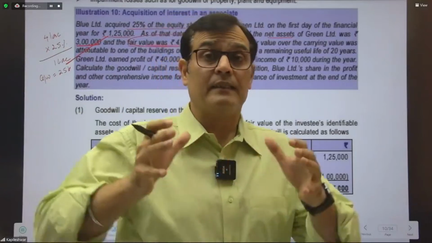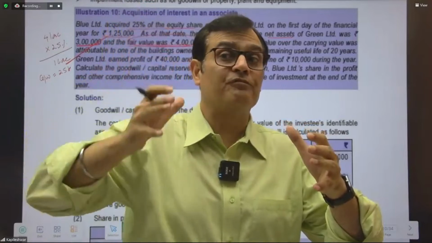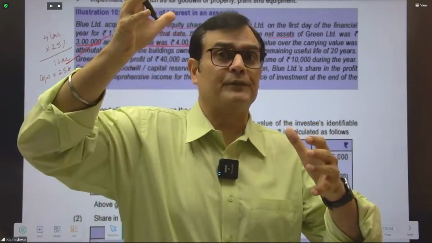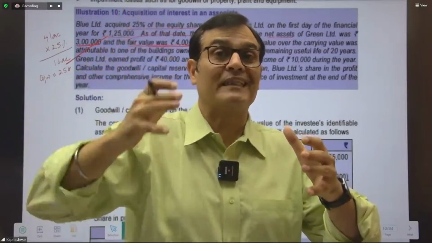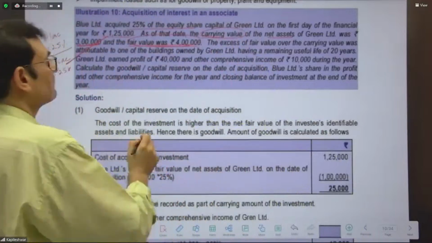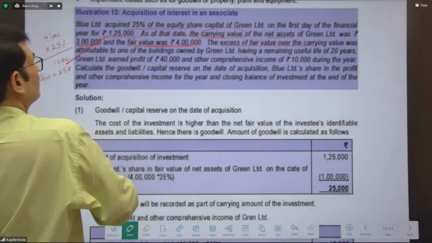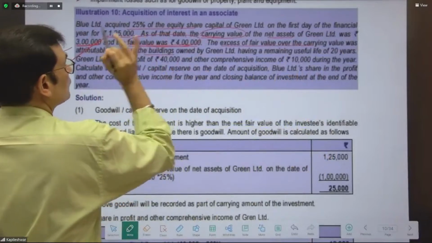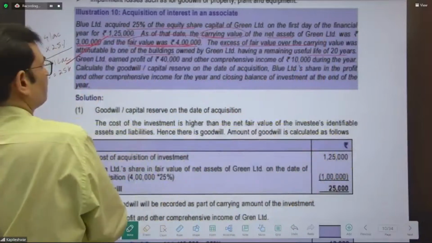So when I say that the associate company earned a profit, that is a book profit after considering depreciation based on a book value. But I need to first get a rectified profit after considering additional depreciation and then take a share. Let's see further. It says the excess of the fair value over the carrying value is attributable to one of the buildings owned by Green, and the remaining life of that is 20 years.